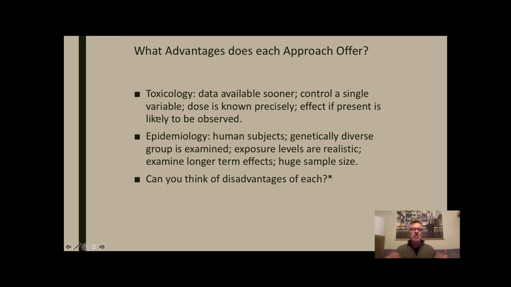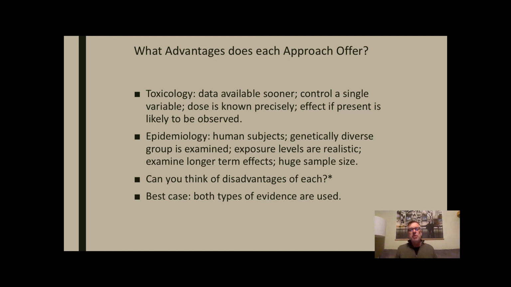There are lots of variables that are changing in that population. The dose is not known precisely. Each person was exposed to a different amount. The effect, if present, is much less likely to be observed. And those are the disadvantages of an epidemiological approach. I'll leave you to tell me the disadvantages of a toxicological approach. But if you said, oh, you don't use human subjects, as the first one, you're on the right track.